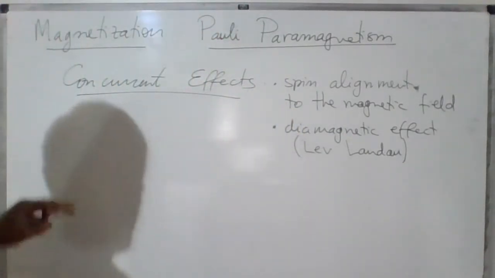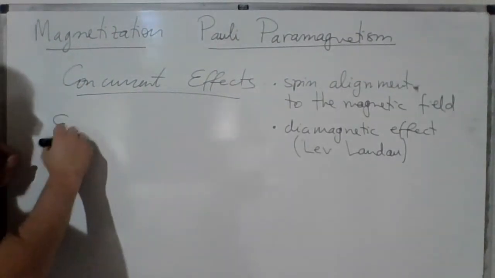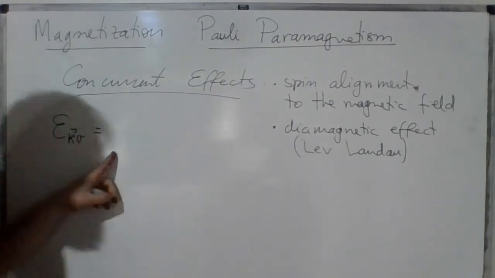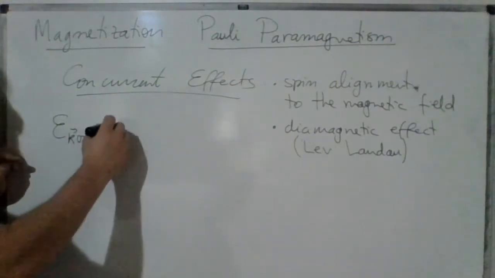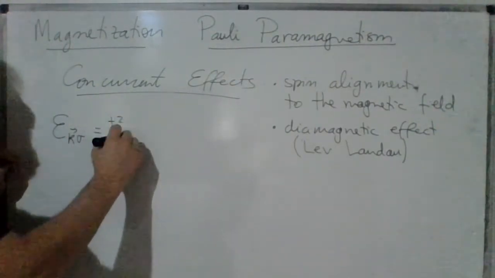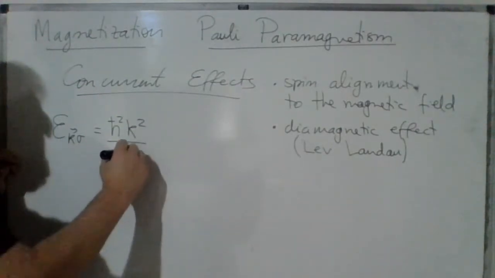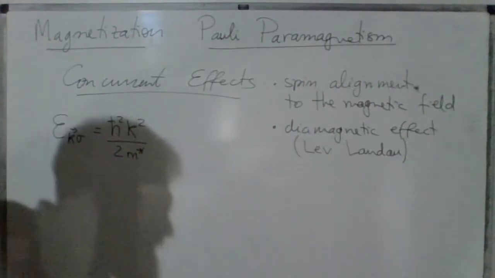So the energy for a free particle in the presence of a magnetic field, you can write as h bar squared, the wave number squared, divided by twice the effective mass of the electron gas.